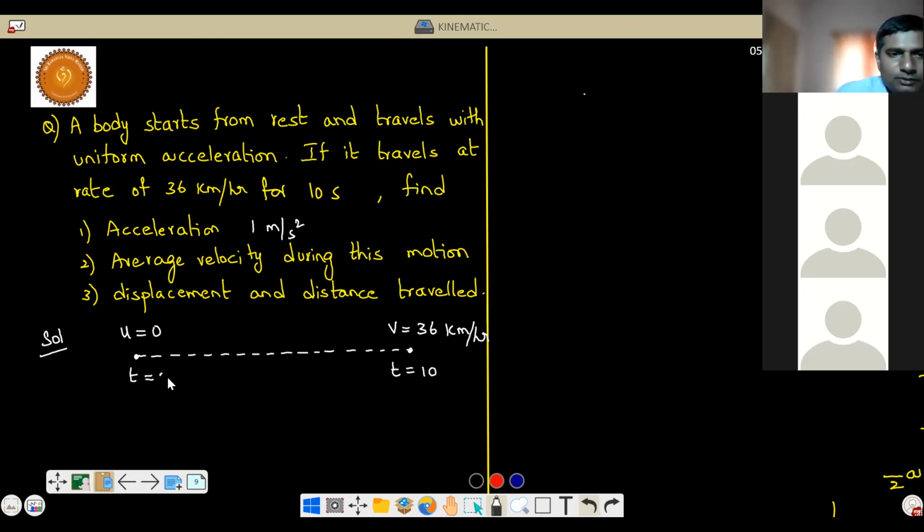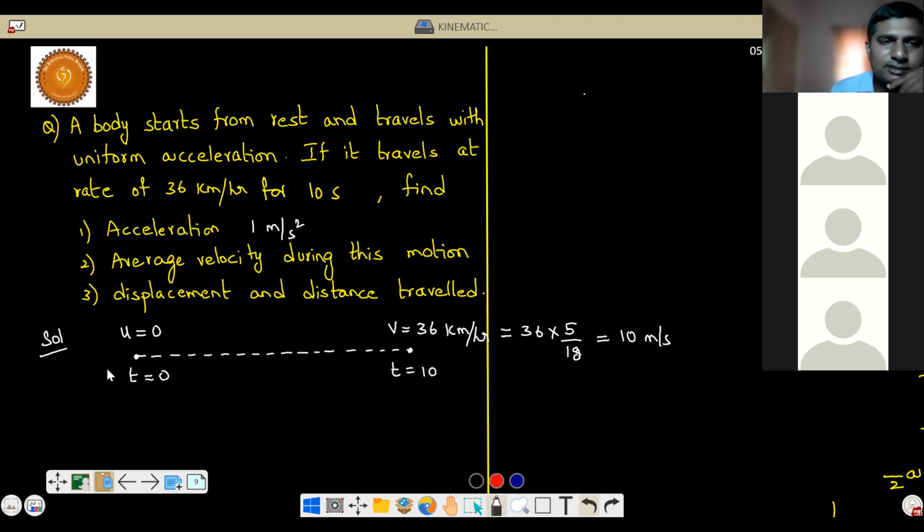This is time t equal to 0. Now we should always convert kilometer per hour into meter per second. How will you convert? 5 by 18, sir. 5 by 18, correct. 36 into 5 by 18 gives 10 meters per second.